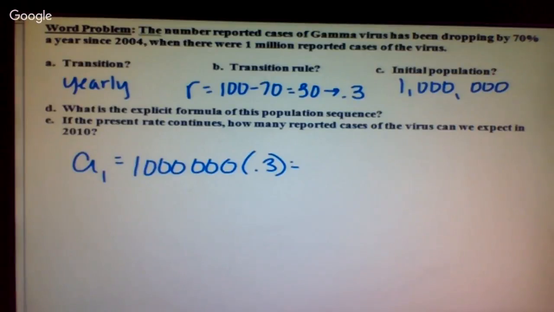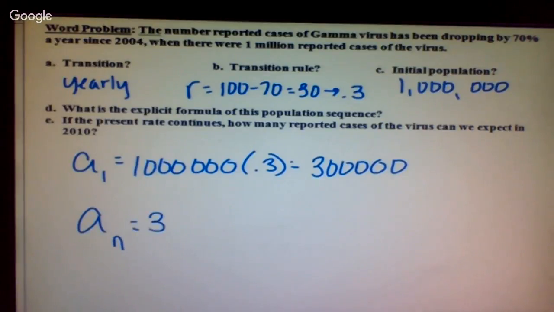So you need to solve for that A sub 1 first. 300,000. So my formula is A sub n equals 300,000 times my R, which is 0.3 raised to the n minus 1. That's part D.